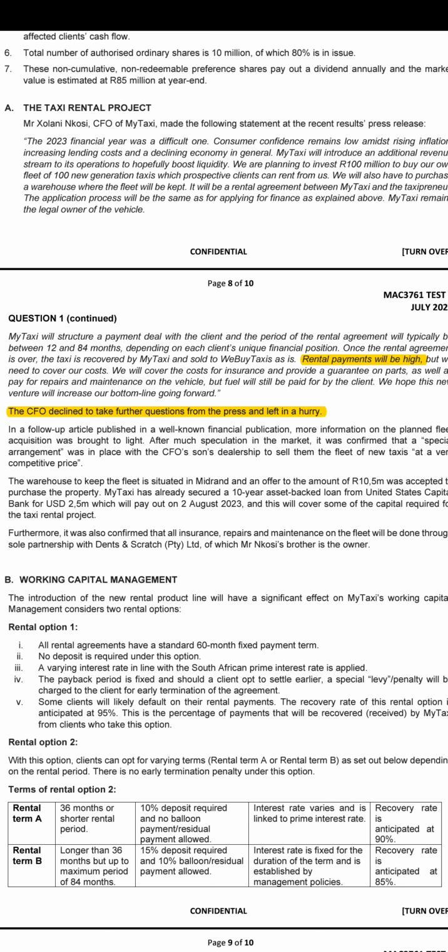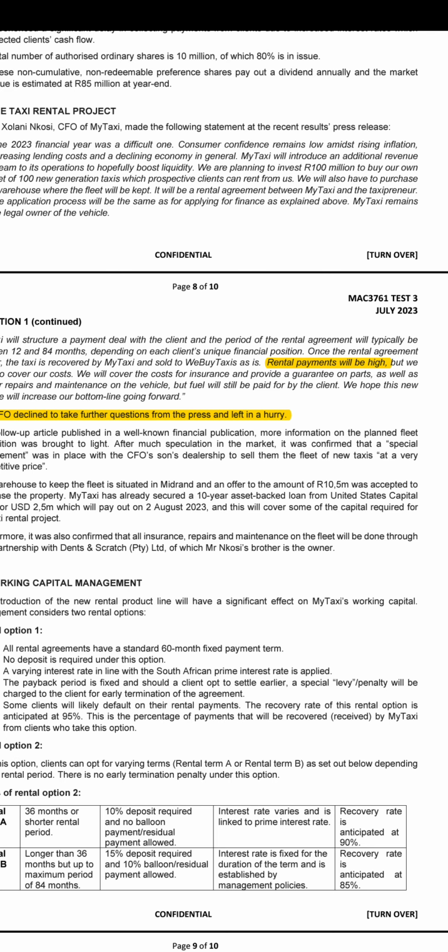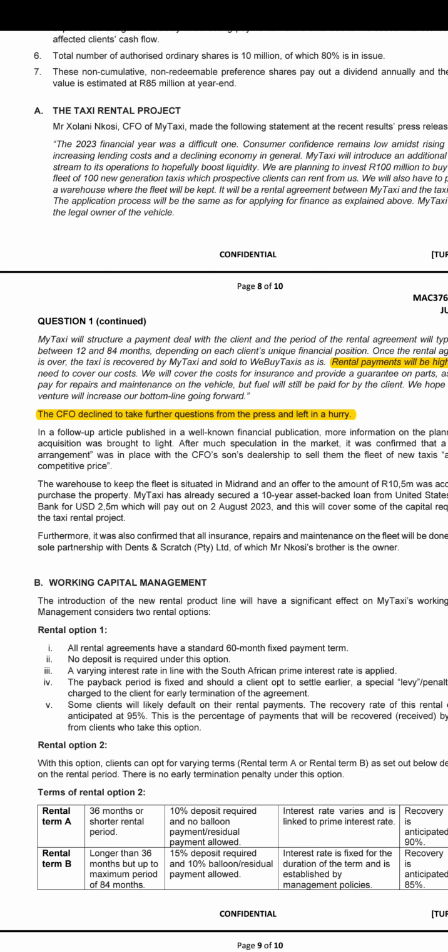Then you look at it further, right? The warehouse to keep the fleet is situated in Midrand. Okay, nothing wrong with that. And an offer to the amount of 10.5 million rand was accepted to purchase the property.